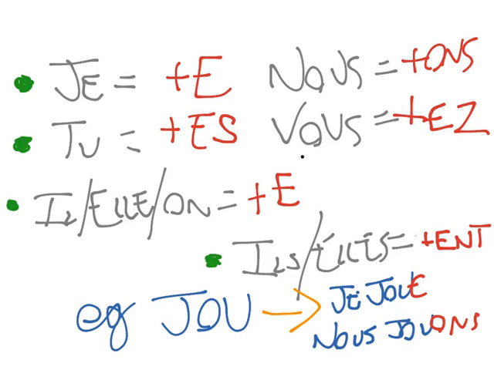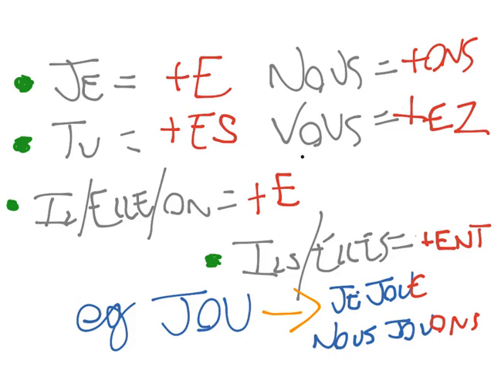I've got two examples down at the bottom. Je joue, I play. You'll notice it ends in an E. Nous jouons, underneath, ends in ONS. The reason that it ends in ONS is because we've started with the nous.